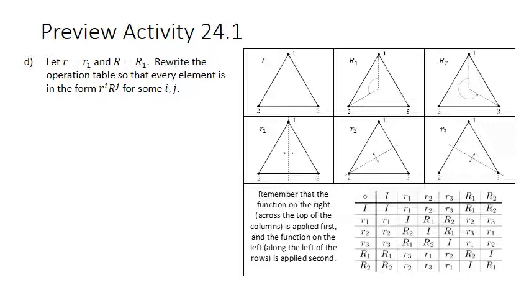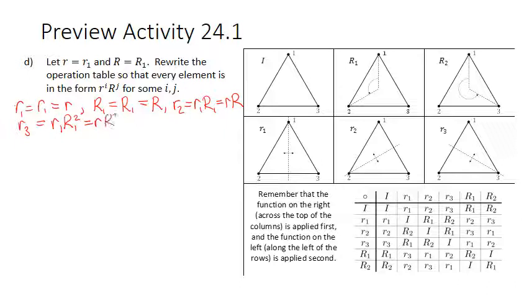So I just wrote down the results of the last parts of the activity. What we've got so far is that little r1 is just going to be little r. Big R1 didn't need to be rewritten, so we just left that as big R. And then we found that little r2 was little r1, big R1, so that's going to be little r, big R. And then r3 we found was little r1, big R1 squared, so that's little r, big R squared.